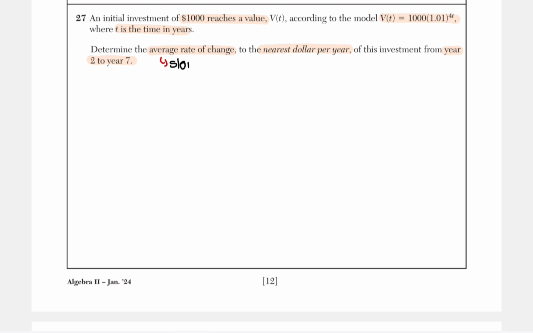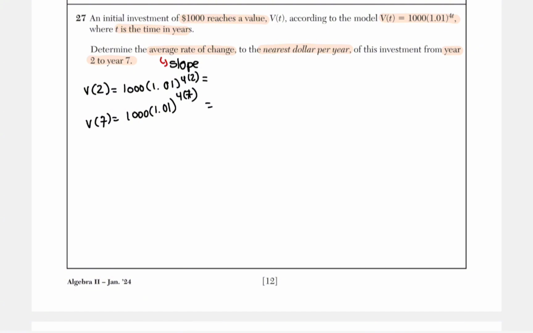Average rate of change is another word for what? Slope. Before we do slope, we need to find the investment amount at year 2 and at year 7. So V2 equals 1,000 times 1.014 to the 2, and V7 equals 1,000 times 1.014 to the 7.